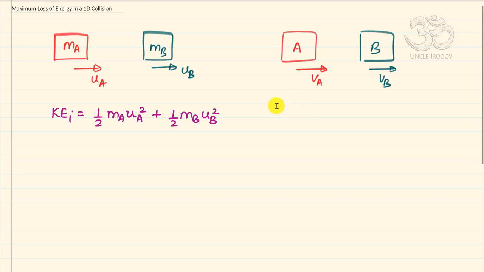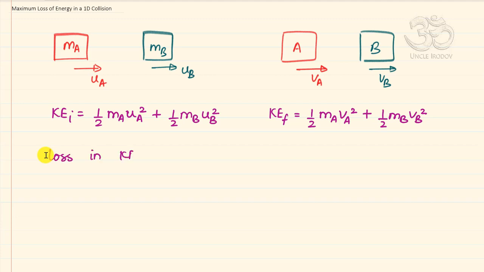So you can find out something called KE final, which is half MA VA square plus half MB VB square. And then all you have to do is to find out how much is the loss in kinetic energy. You have to find out KE initial minus KE final.